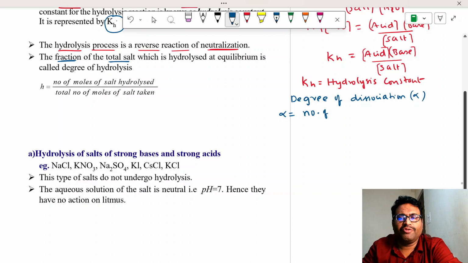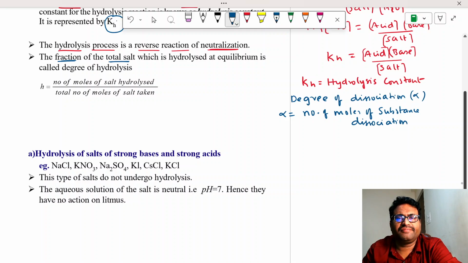Number of moles of a substance, whatever substance you take, dissociated. For example, some substance is dissolved in water, and some of the moles got dissociated.